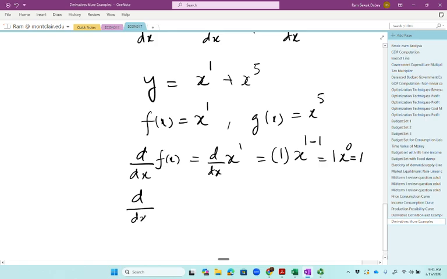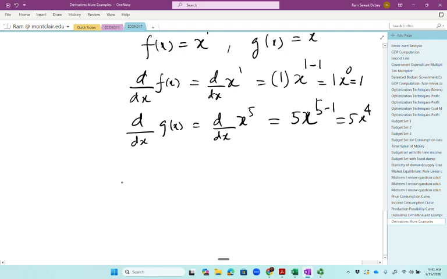The derivative of the second function, x to the power 5, is 5 times x to the power 5 minus 1, which turns out to be 5 times x to the power 4.